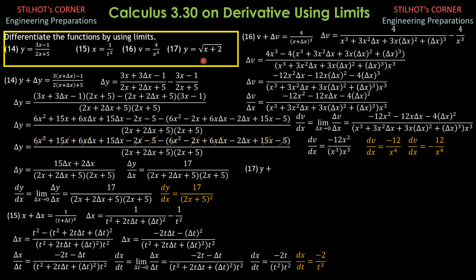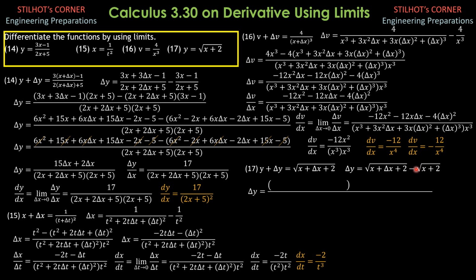So 17, y plus delta y equals square root of quantity x plus delta x plus 2. So delta y equals square root of x plus delta x plus 2 minus square root of x plus 2. So from conjugate of the numerator, we multiply and divide this by the conjugate of the numerator, which is the same terms except that this is plus.